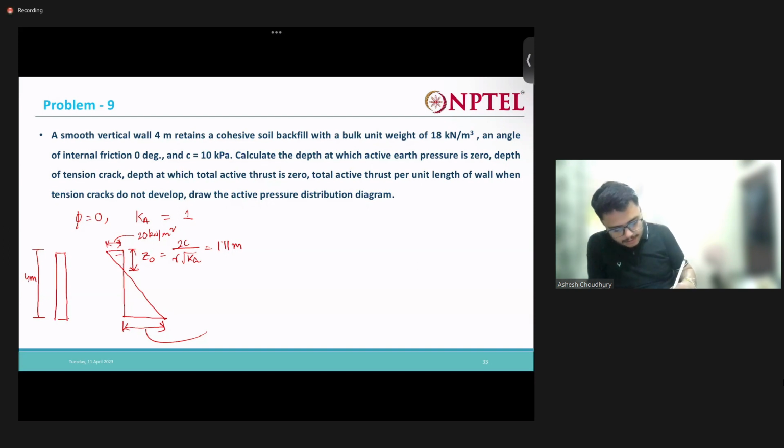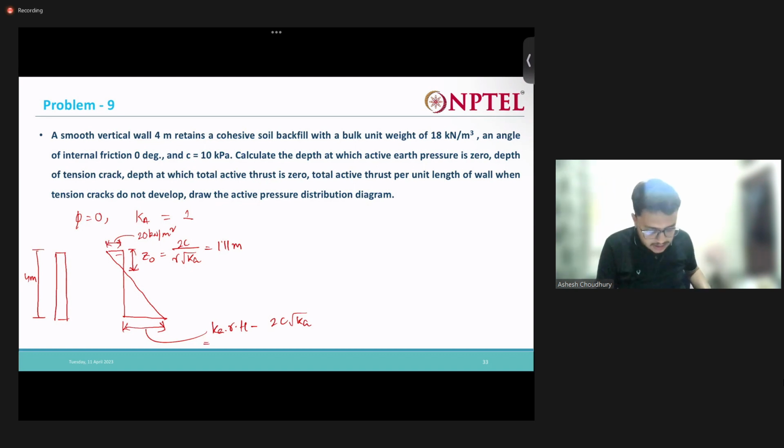K into gamma into h minus twice c root over k, right? So how much will be this? 1 into gamma is 18 into 4 minus 2 into 10, 52.